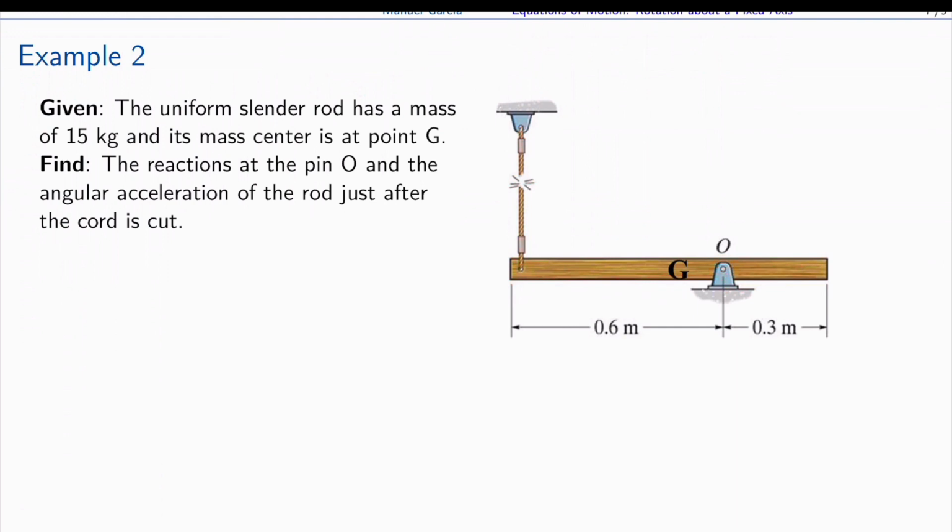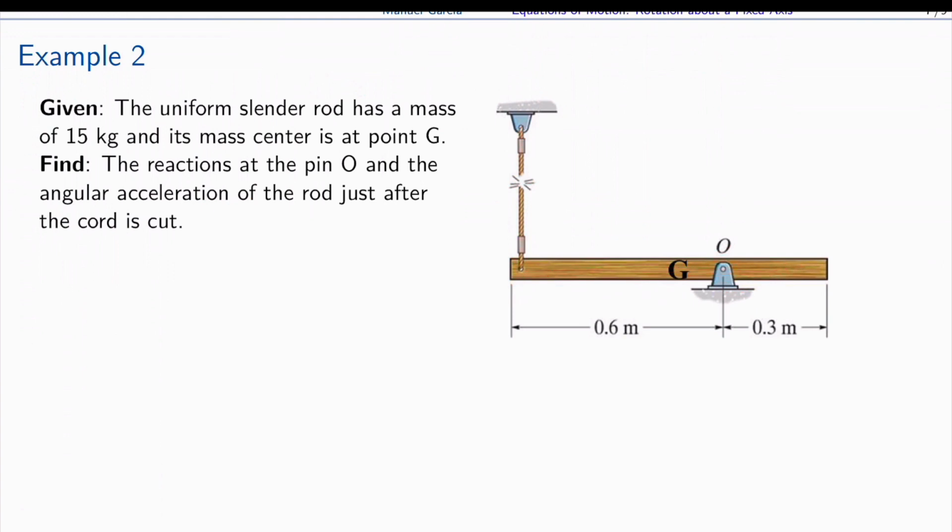The question is, find the reactions at the pin O and the angular acceleration of the rod just after the cord is cut. That means it is still in a horizontal position.